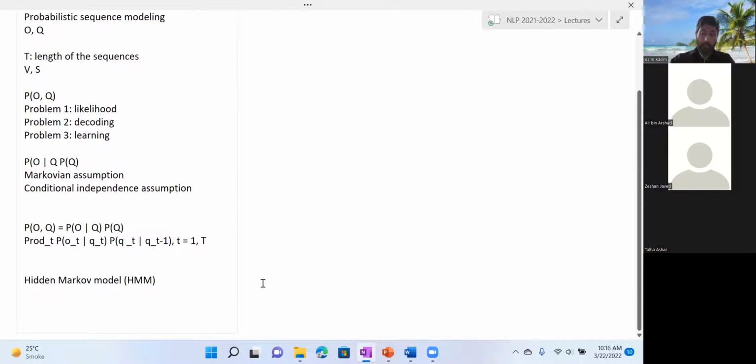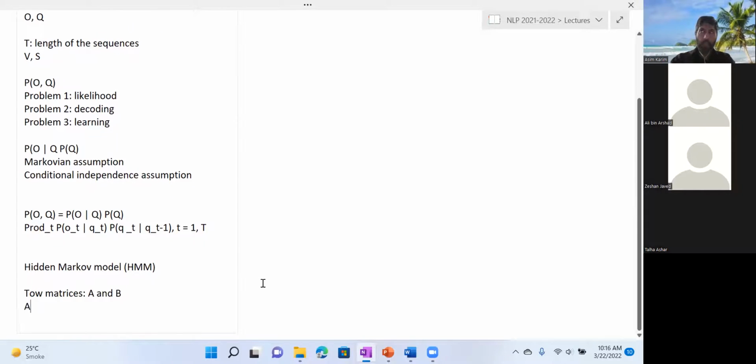The hidden Markov model can be further simplified as two matrices, A and B. A is called the state transition matrix.